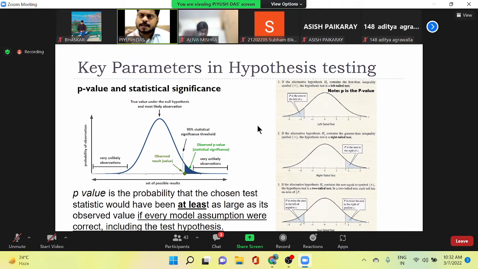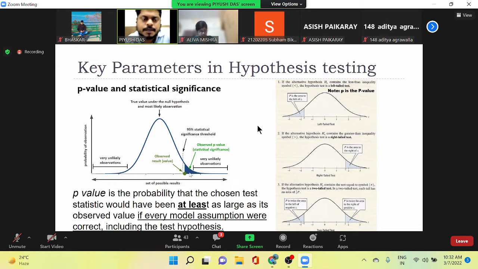So I calculate that, and let's say I get a number like 0.2, 0.3 or 0.4, right? In this sampling distribution, which is a t distribution or normal or z distribution, what I'm trying to find out on this number line is where this number will lie.